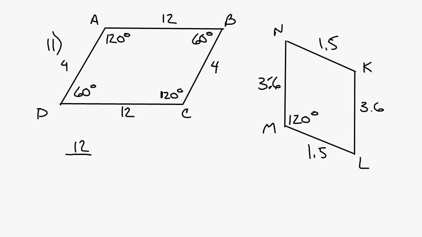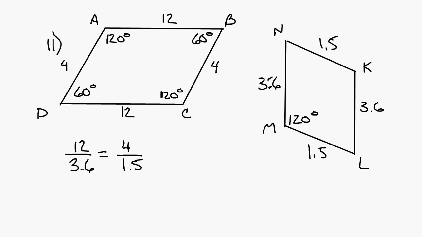So 12 divided by 3.6, is that equal to 4 over 1.5, since the 4 side corresponds to the 1.5? If that proportion is true, then corresponding sides are proportional.